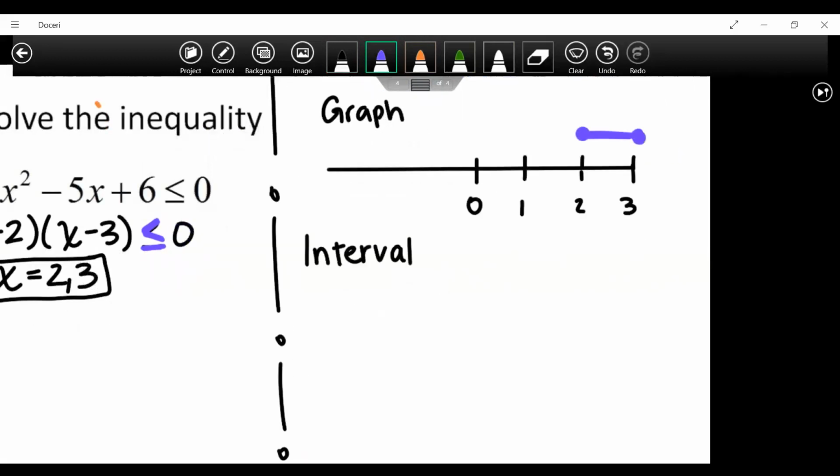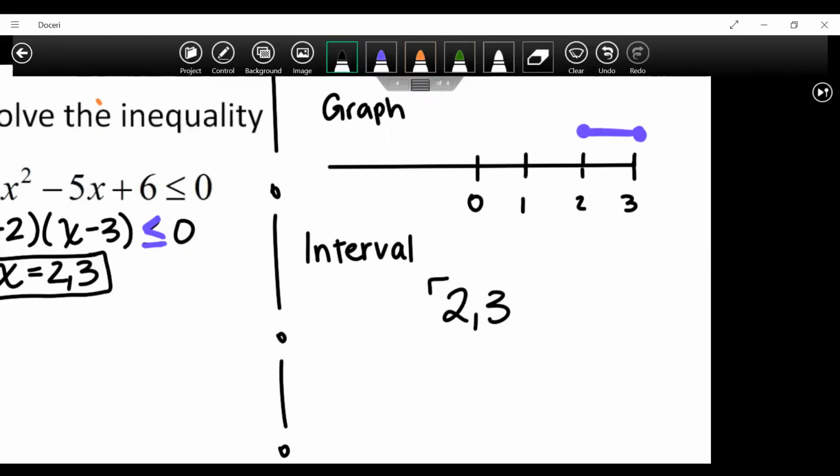On our interval, we're still going to have 2, 3. Is it open or closed circle? Closed. So they're going to be brackets. We plug in our values. It's only one interval if it's a less than or equal to sign. That's it. Our solution is done. Does that make sense?